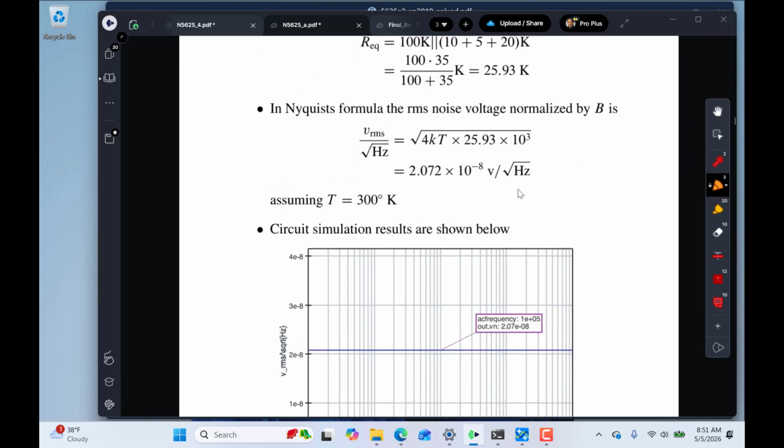If I plug that into Nyquist's formula, I can just put in that equivalent resistance, and then I can remove the bandwidth and just assume it's normalized by the bandwidth, the square root of it. So 2.072 times 10 to the minus 8 volts RMS per square root of hertz bandwidth.